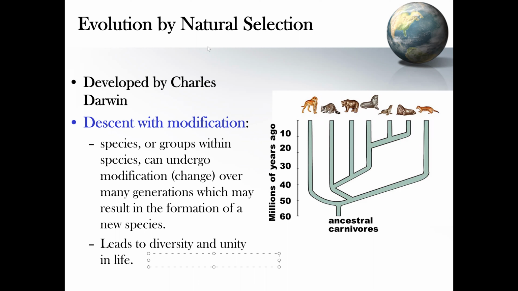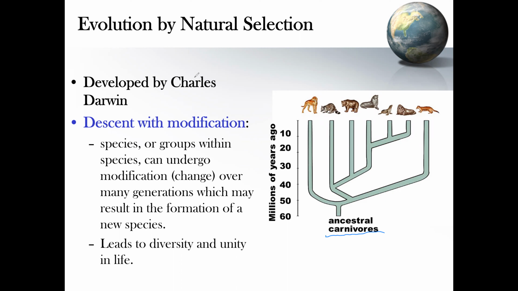So let me explain how this works by looking at this phylogenetic tree. 60 million years ago, there was an ancestral carnivore. So a carnivore is an animal that eats other organisms.